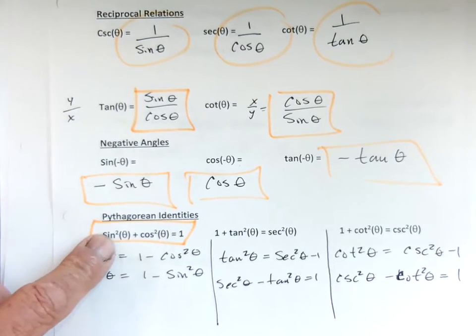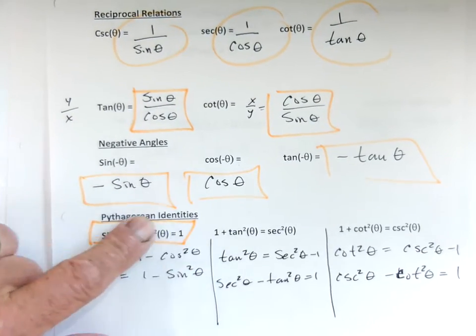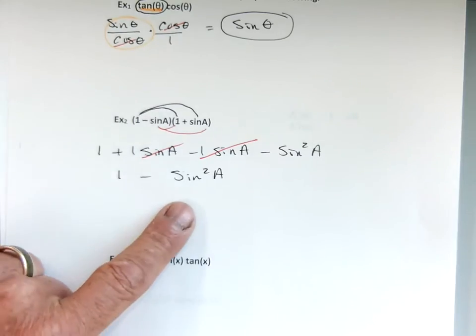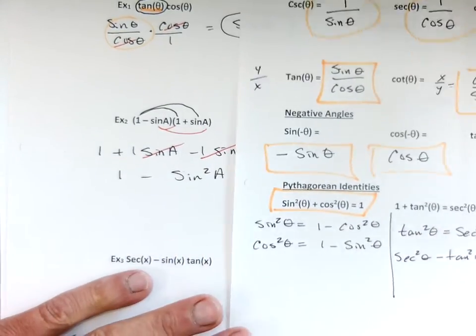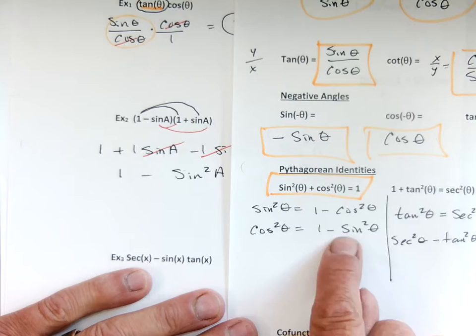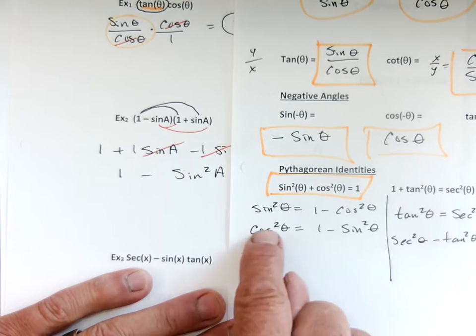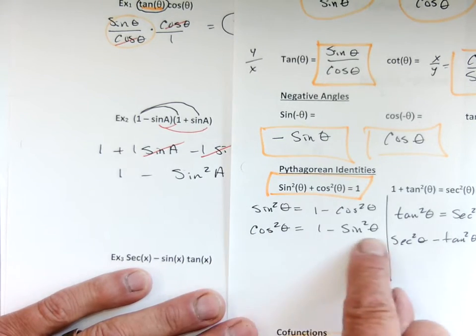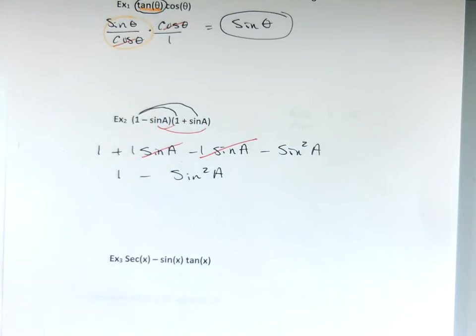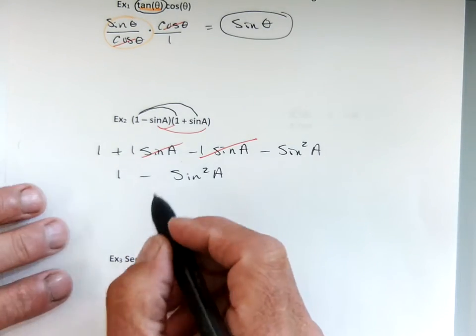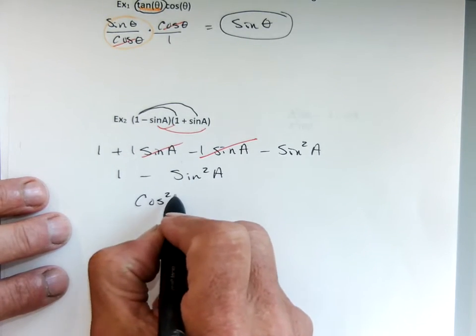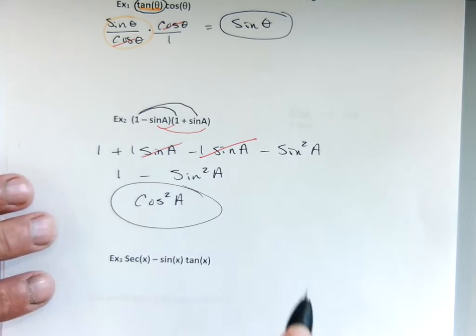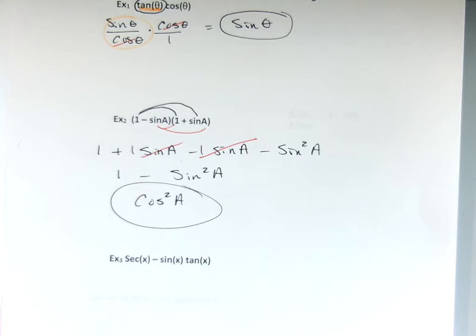Anytime you get any kind of a square in there, look for your Pythagorean identity, okay? So I've got a 1 minus sine squared, and I think I've got that right there. What does 1 minus sine squared equal? Cosine squared, right? So I'm going to go ahead and rewrite this as cosine squared of A. How's that for simplifying it?